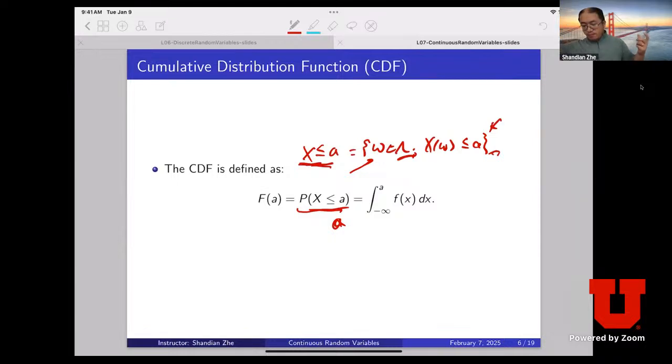So roughly speaking, in most cases, this function is differentiable, and it can be represented as the integration of the PDF function f_X from minus infinity to A. In other words, you can view the PDF as coming from the differentiation of the CDF function.